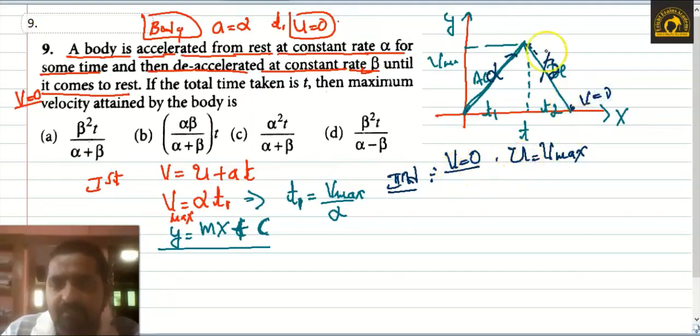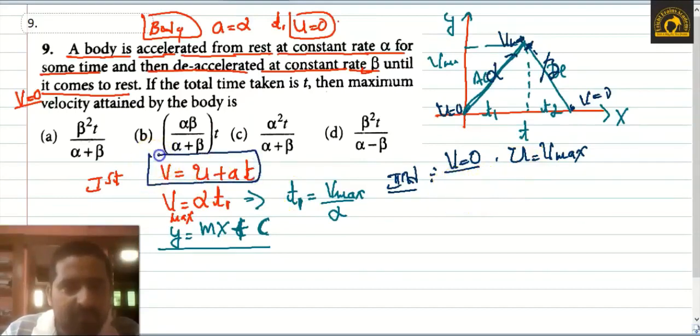Let's see. So this is the initial velocity for this one. So for this one initial velocity is how much? 0. It starts at 0 and reaches the maximum, V maximum. Then this V maximum goes to 0. So we have to find V from this equation: V is equal to U plus AT.